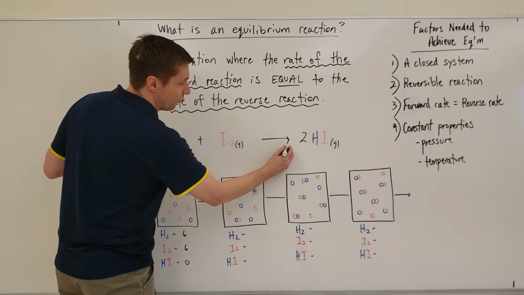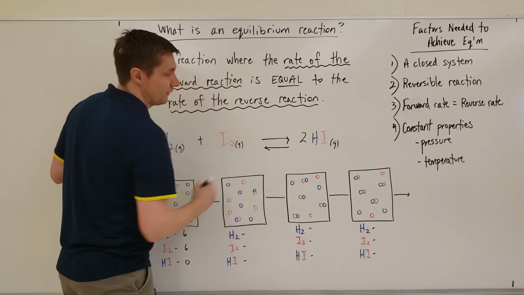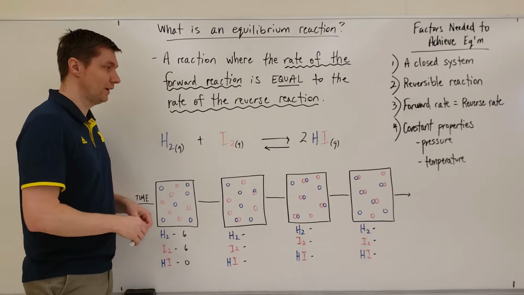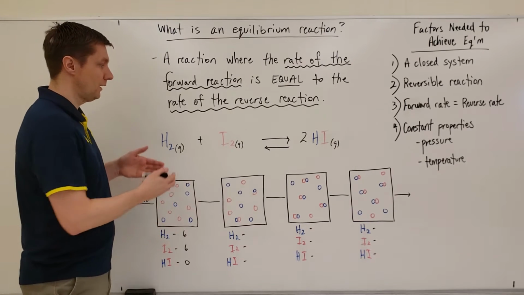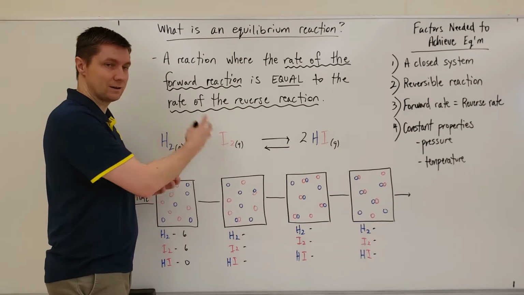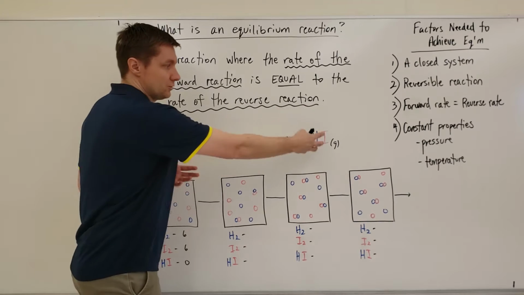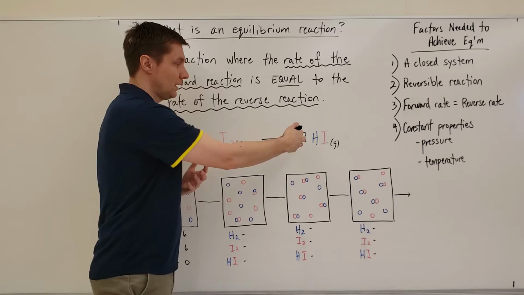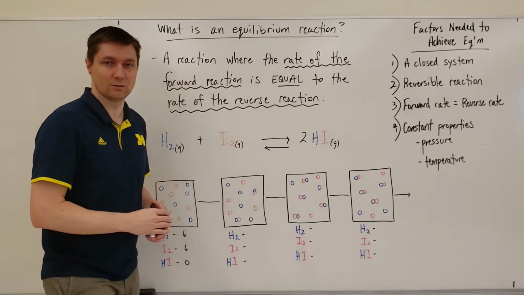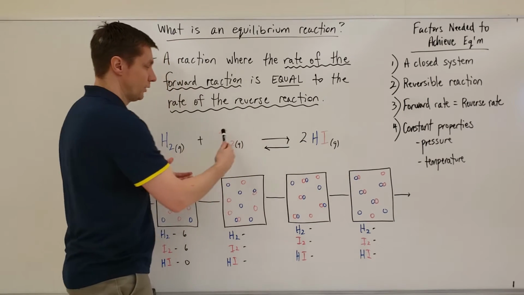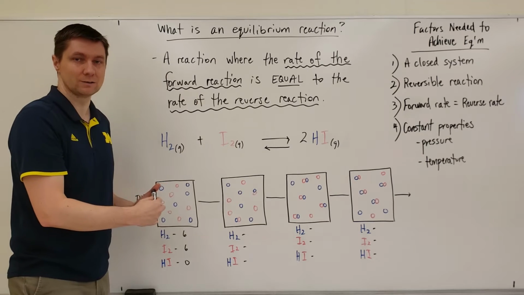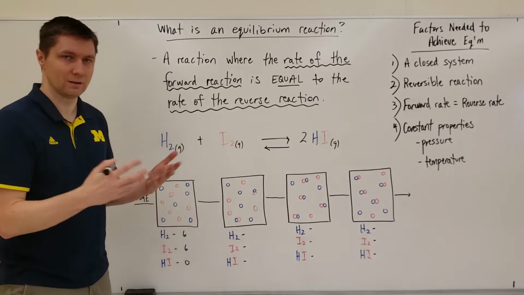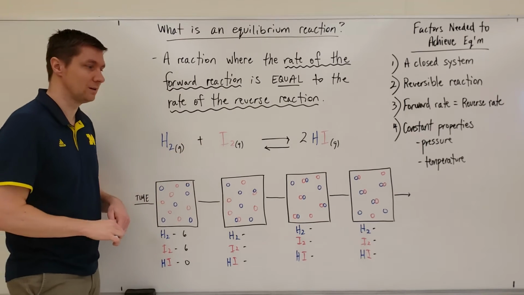But for this reaction, there is also a reverse reaction where eventually over time, as the reactants initially turn into the products, as there becomes more products, the products actually undergo a decomposition reaction and they decompose back into the reactants.